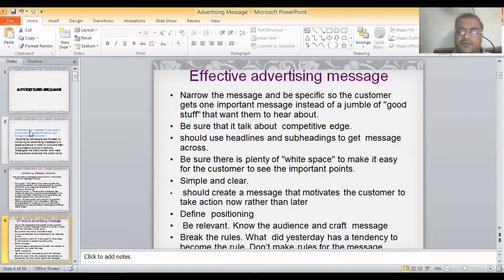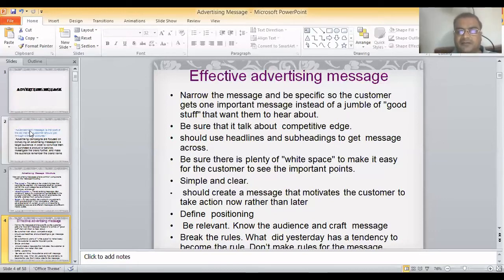If you want to advertise on television, or on a good platform, for example on the internet, on Facebook or Instagram or some other popular website, or if you are putting up a hoarding in a city, normally advertisements are expensive, so you don't have much space or much time to convey your message. That's why you have to be specific.